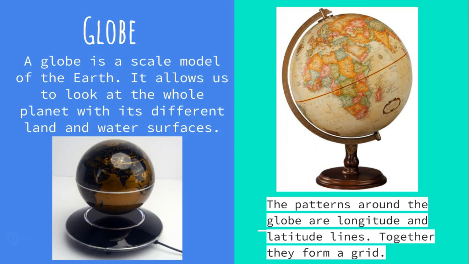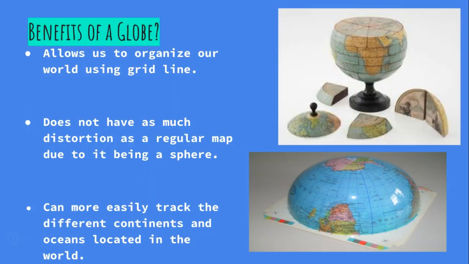And so when geographers use tracking, oftentimes the best model that they will use is a globe. A globe is a scale model. It's round, it's useful, and it has a lot of advantages. For example, it allows us to organize our globe using grid lines, but keeping that circle formation. There isn't a lot of distortion on a globe because the world is in fact shown in its natural element as a circle.